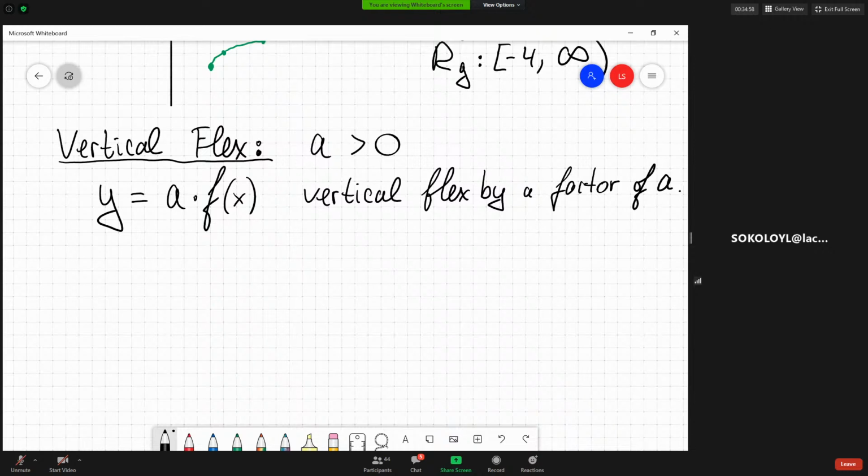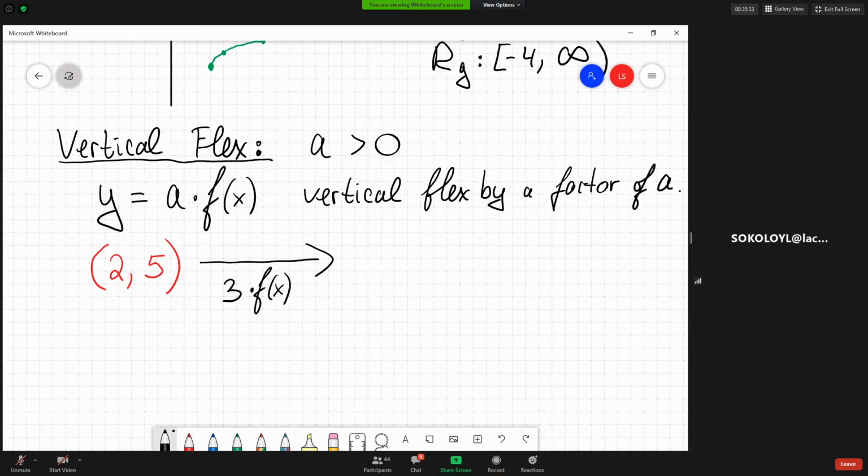So if we have a point, for example, our original point on f of x was (2, 5), let's say, and we are applying a vertical flex by a factor of 3. Then for the same x value, there's going to be a different y value, right? The x value is not going to change.